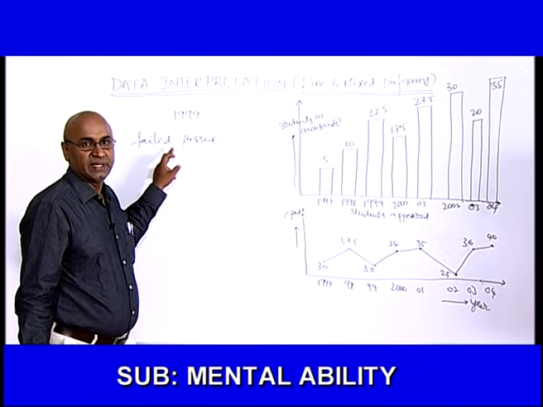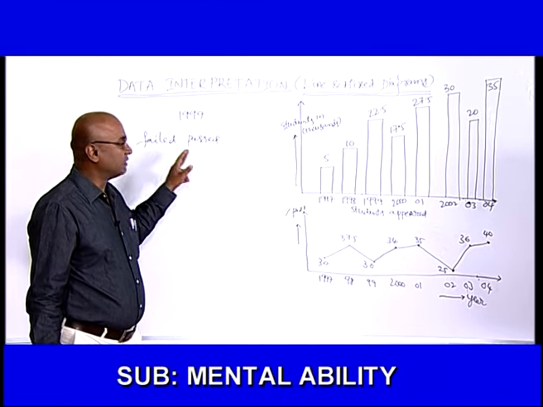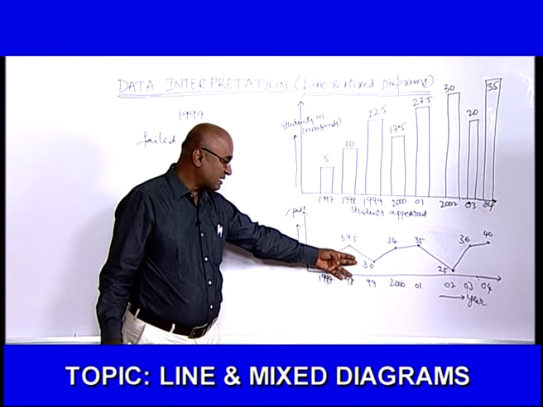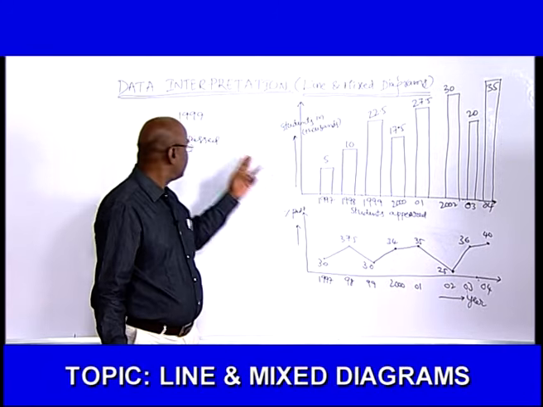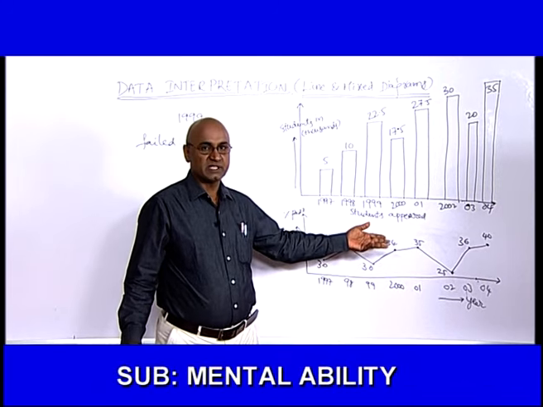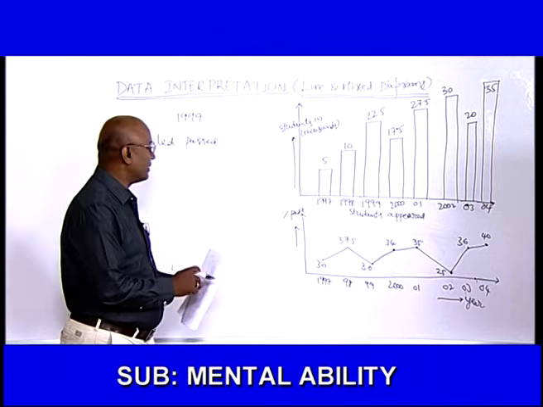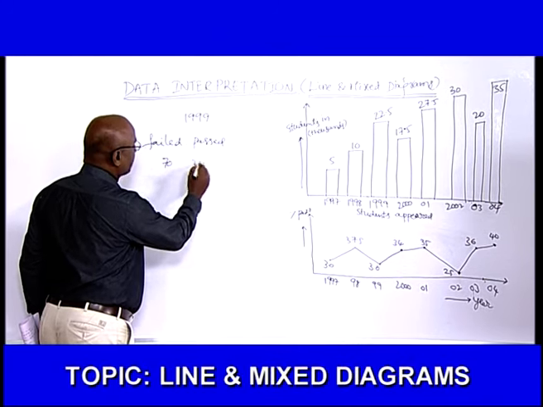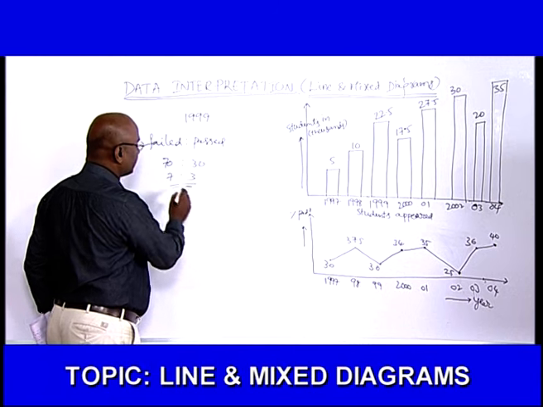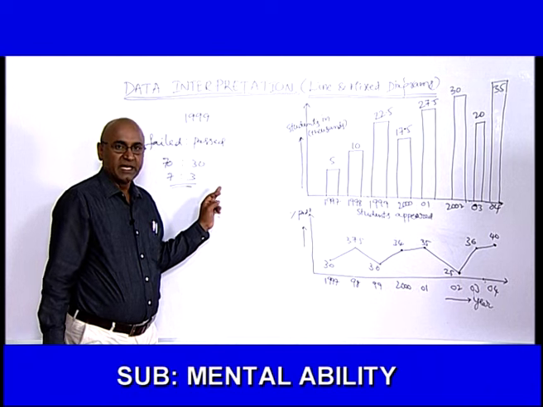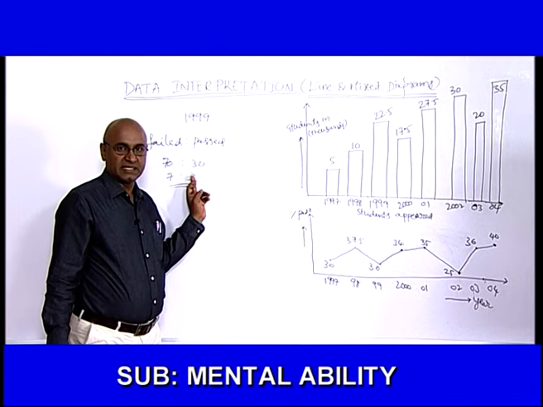There is no need to calculate the number of passed students and failed students. Why? Because here the percentage of passed is given. Suppose in the year 1999 you consider 30% people passed, which means 70% people failed. Simply you can say that it is 70% failed is to 30% passed. That is nothing but 7:3. So without calculating the number of students, directly we can get the answer by comparing the ratios or percentages.